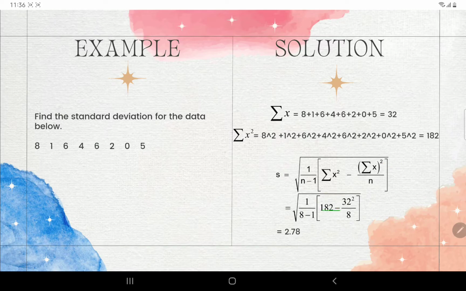Here we get 182, because we already found 182, then minus 32, the summation of x, squared, 32 square divided by 8, our n. So here is 1 divided by 8 minus 1. Just use your calculator and we'll get this answer.